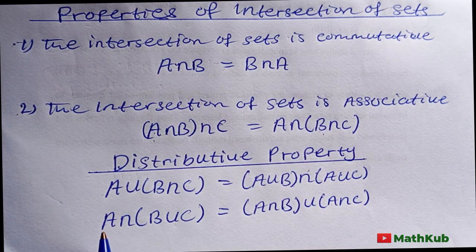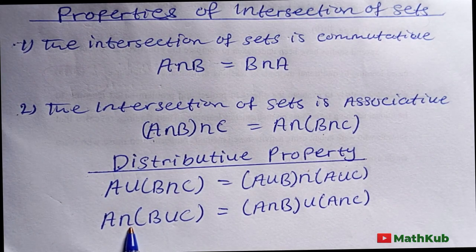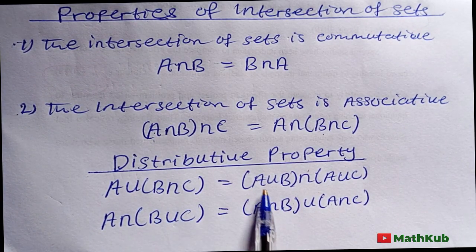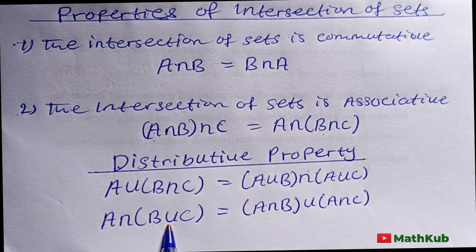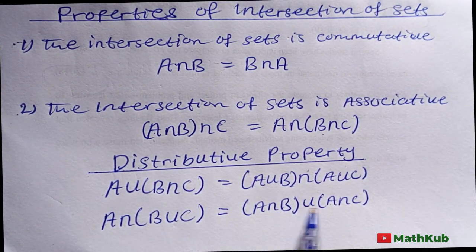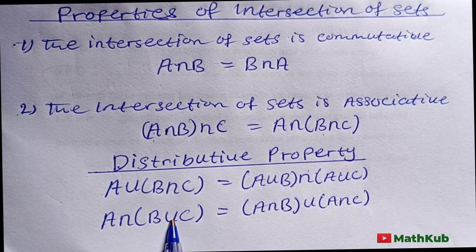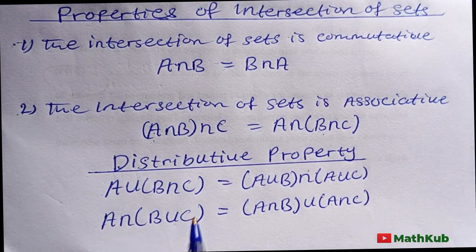The same thing applies if intersection is here. You carry the whole of this, multiply by this, then you keep them separately and put them inside brackets. Then this one will now be the join. You keep the union outside, then you carry this one, multiply by C.